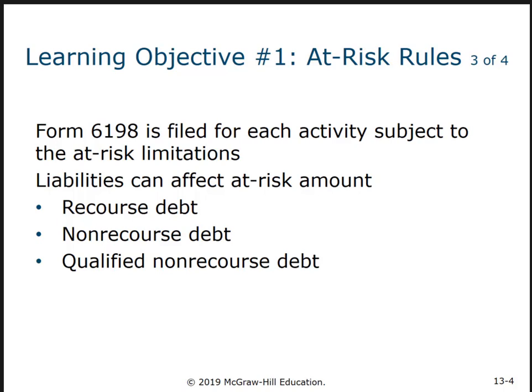Then non-recourse debt, where that is not the case. And then qualified non-recourse debt, which has to do with real estate and the idea that while you may not have to personally write a check, you may lose real estate or other assets in the business. So it can still be at risk.